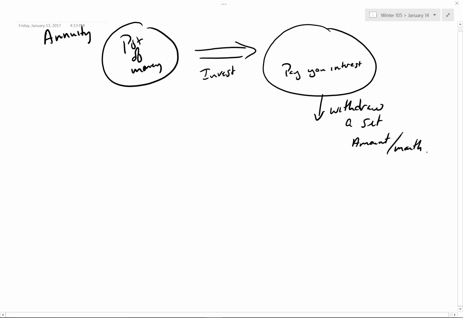Okay? So what's happening is you have this giant pile of money here. They pay you interest on it, and then you take some money out. Same thing happens every month. And then eventually, if you live long enough, you'll use up all your money. Here's the thing. If you start taking it out when you retire, it's possible, not likely, but possible, that you could end up taking more money out than you put in.